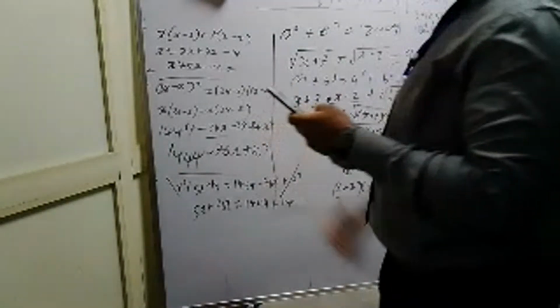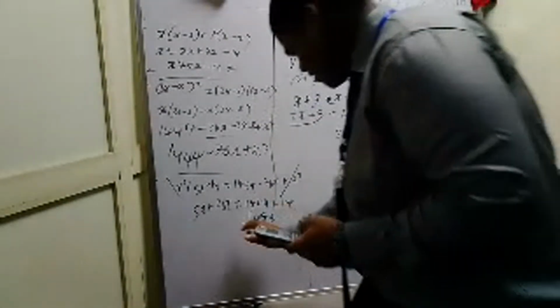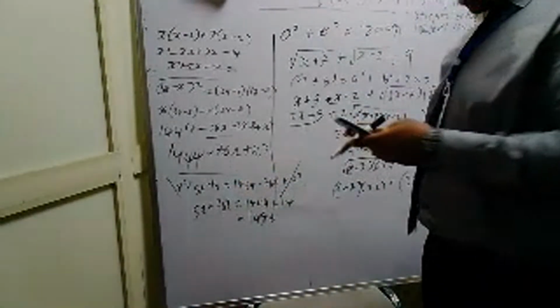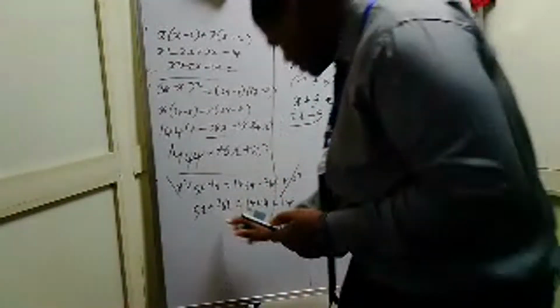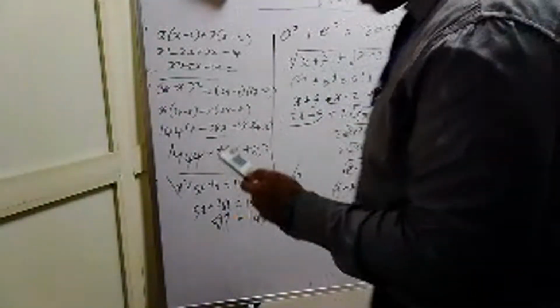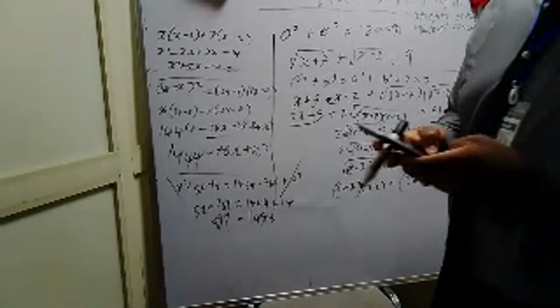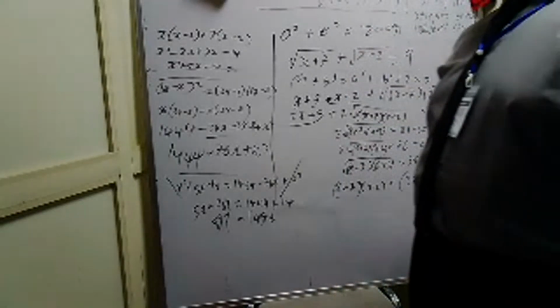1444 plus 14, I'm still not going to use my head to do that, so I'm going to use a calculator. We have 1458. Then 5x plus 76x is 81x. So now we have 81x is equal to 1458. Next you divide both sides by 81.